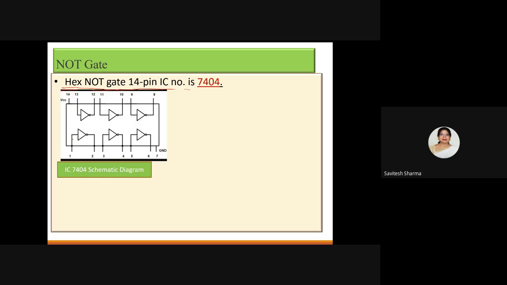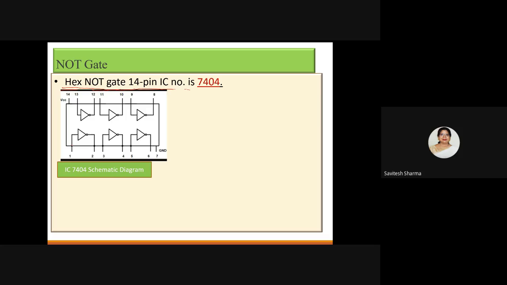How are inverters or NOT gates arranged inside the IC? I'm telling you in terms of symbols. So this is the schematic diagram that explains how the 6 gates are there. So this is NOT 1.